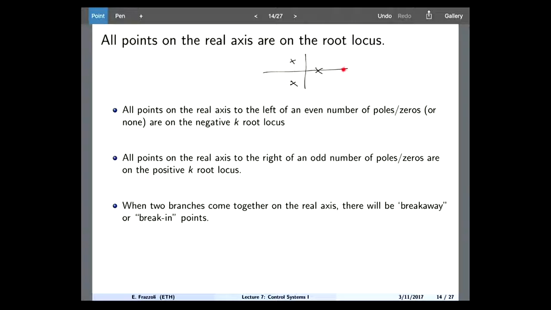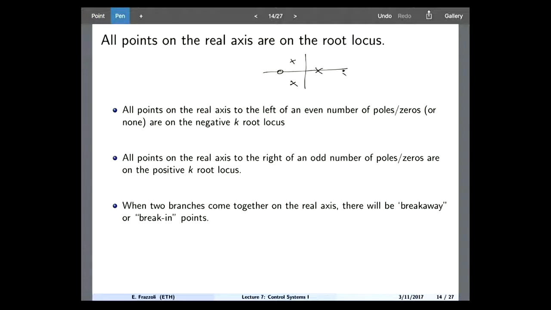Would this point be on the root locus? What you have to do is compute the sum of all the angles from the zeros. Let's put a 0 somewhere. What is the angle from this 0 to this point?